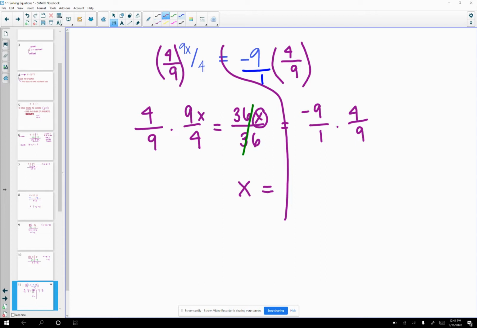And just as a refresher, with fraction multiplication, you go straight across. So negative 9 times 4 gets me negative 36. And 1 times 9 gets me positive 9.